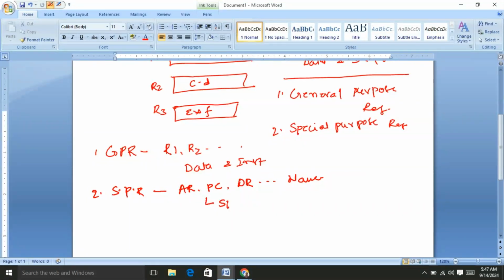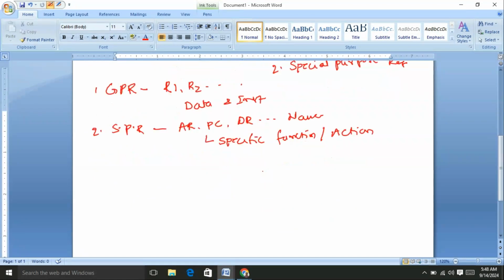These are the names for the registers. These represent a specific function or simply an action, right? The special purpose registers have names and these represent specific work, function or action. So now we are discussing what special purpose registers are required for a basic computer.